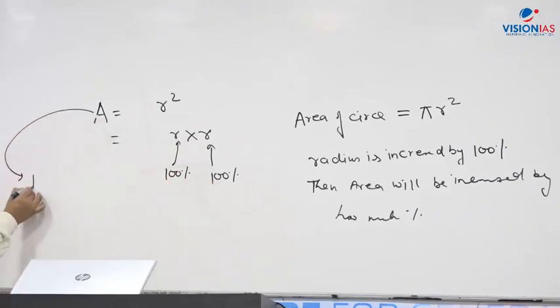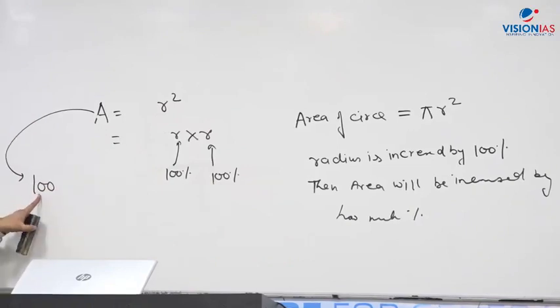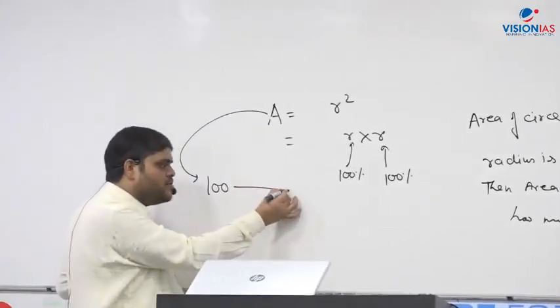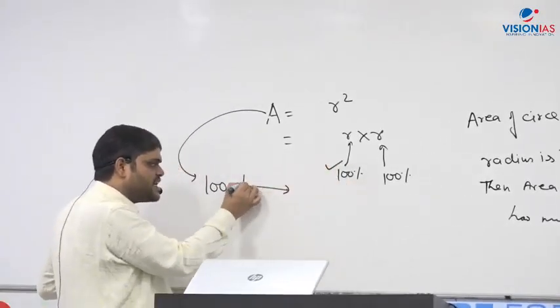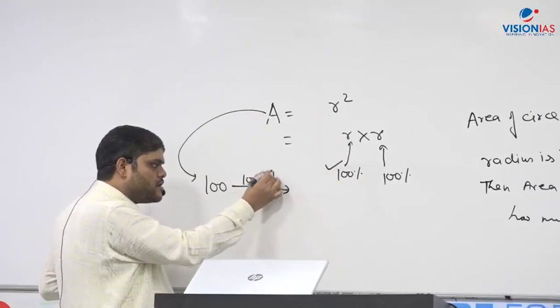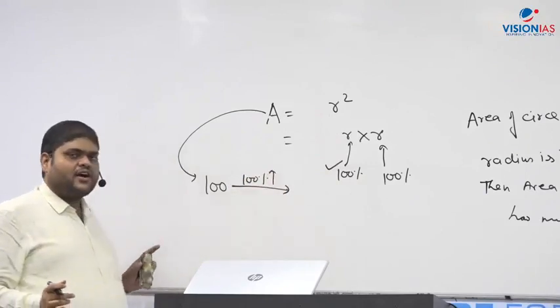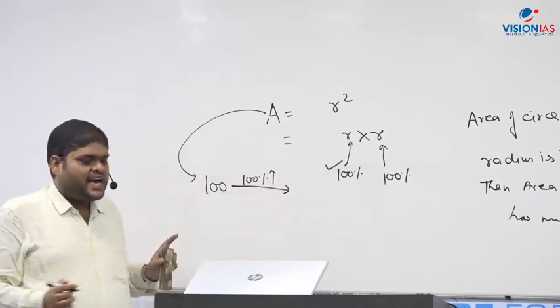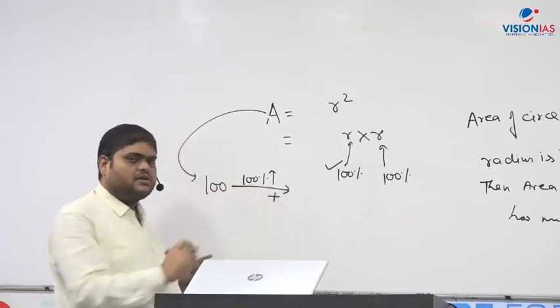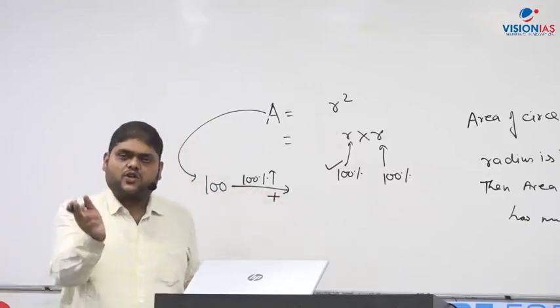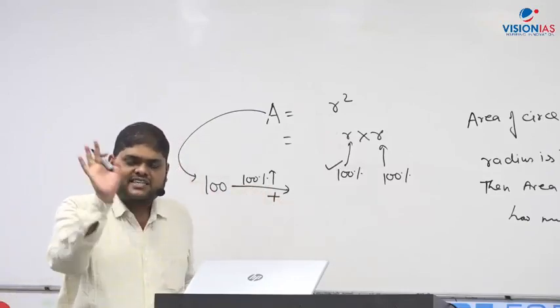What are we doing for this? We take this value as 100. Yesterday we did this question. Now, the first 100% increment. What is the meaning of 100% increment? Increment means addition, and 100% of any number is that number itself.